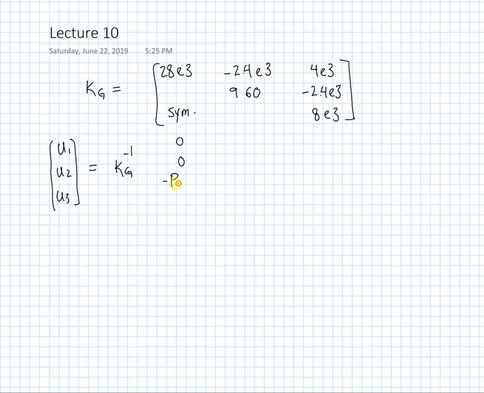So PC cosine 45. And that's referring to the vertical component of the diagonal force with an angle of 45 degrees. And so we end up getting the following deformations. Seven radians.